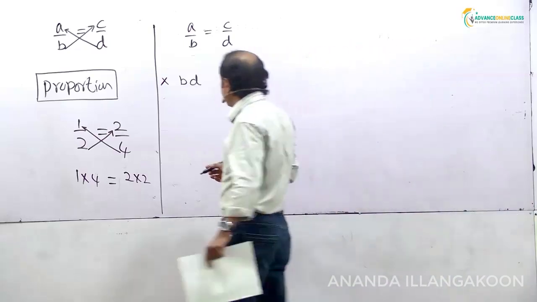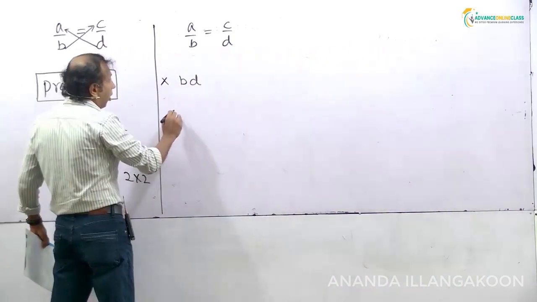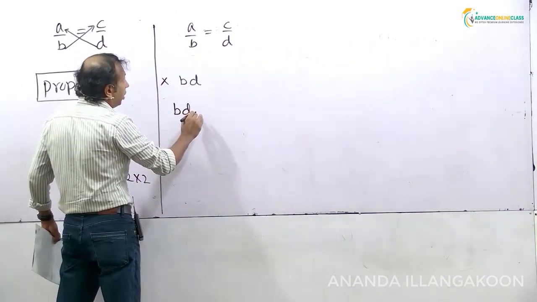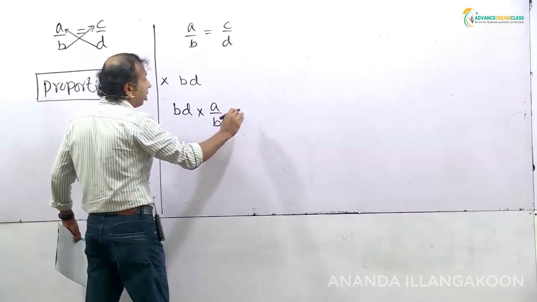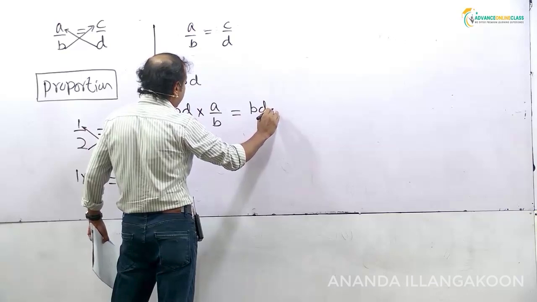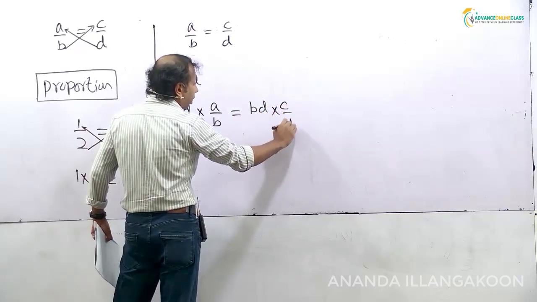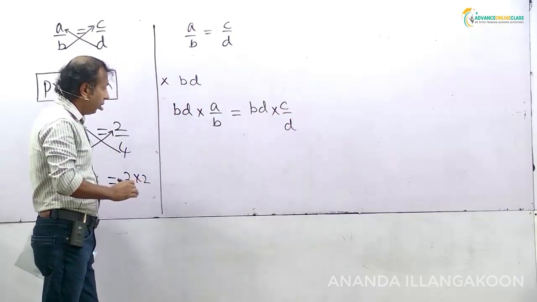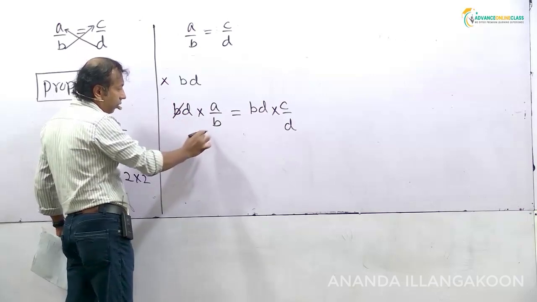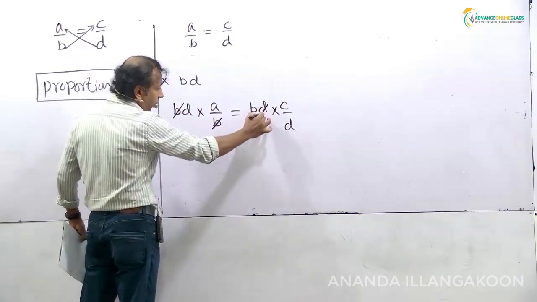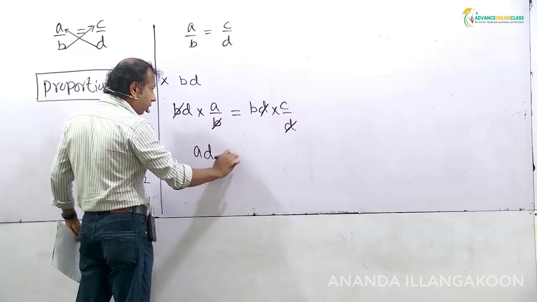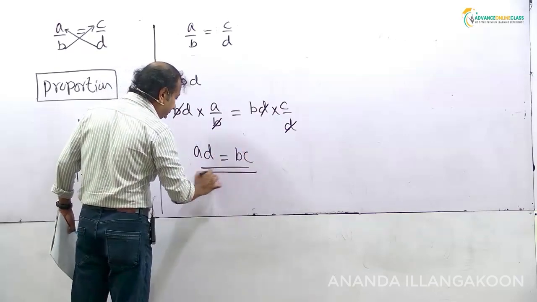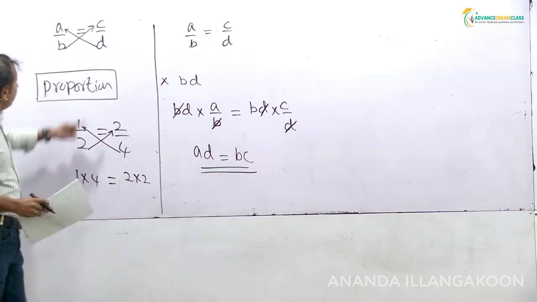So once we multiply like that, the left hand side is BD multiplied by A upon B, and the right hand side is BD multiplied by C upon D. Now we can cancel this B with this B, this D with this D, then we get AD is equal to BC. So that is the first result.